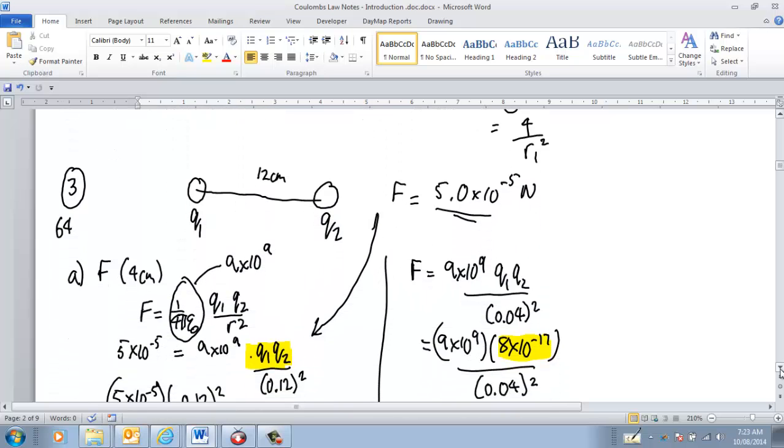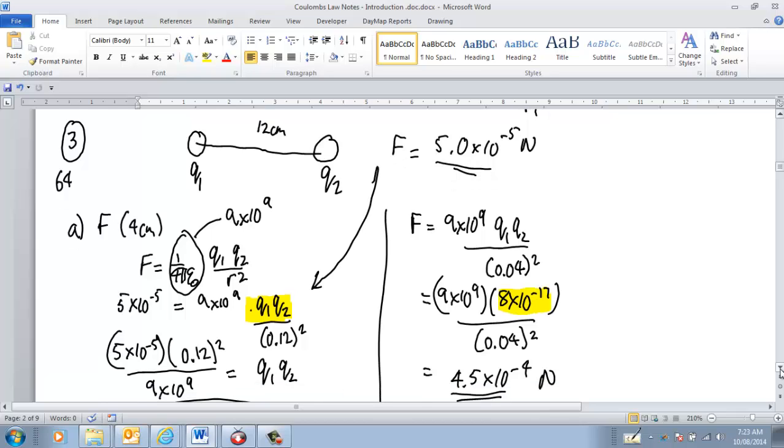Now, here's another way of doing that same question. If we know that this here is at 12 centimeters, we don't know what Q1 and Q2 are, but we know all these other things. So we put all our constant values in, we put our radius in over here, and we put our force in. We rearrange that, bring it up to the top, bring it to the bottom.